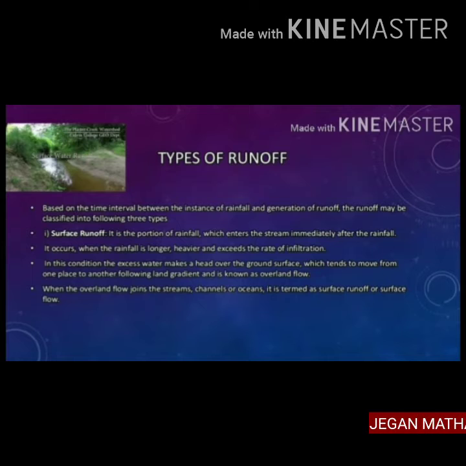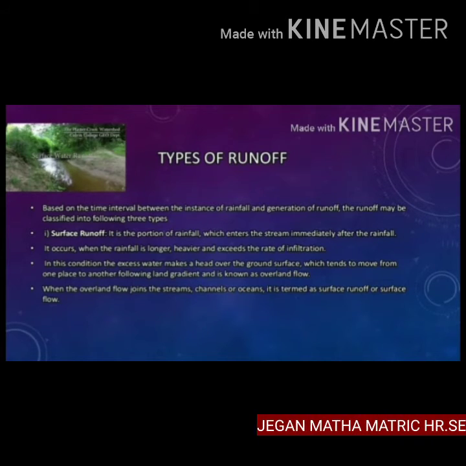In this condition, the excess water makes a head over the ground surface, which tends to move from one place to another following the land gradient and is known as overland flow. When the overland flow joins the streams, channels or ocean, it is termed surface runoff or surface flow.